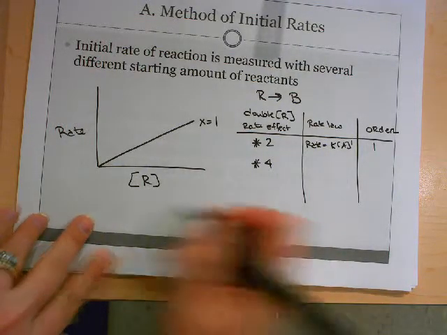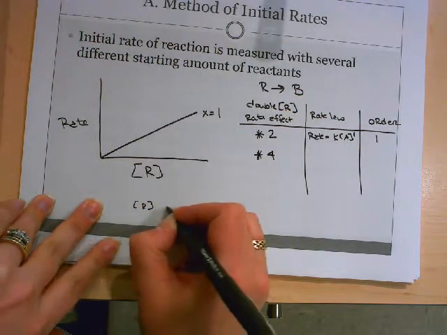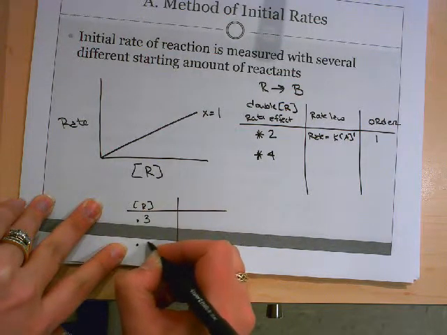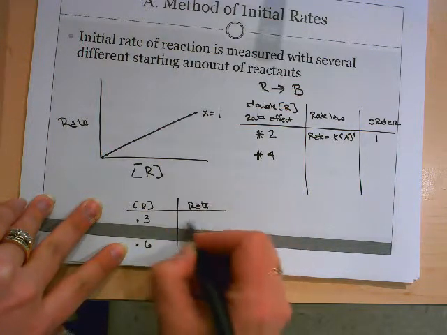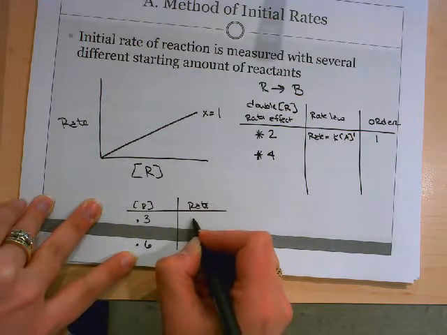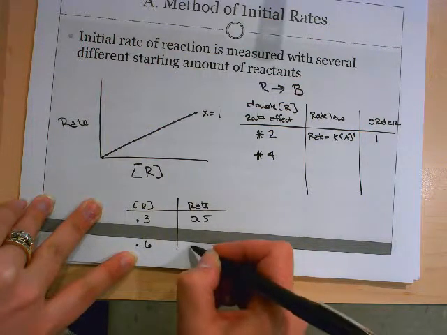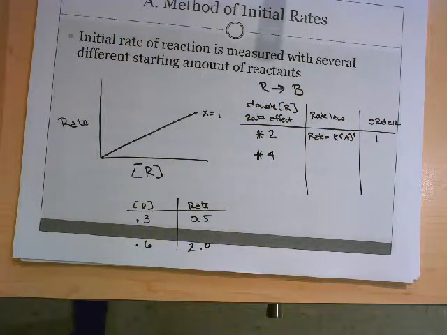Let's say I had concentration R is 0.3 and then 0.6. So I doubled my concentration, and my rate quadrupled.